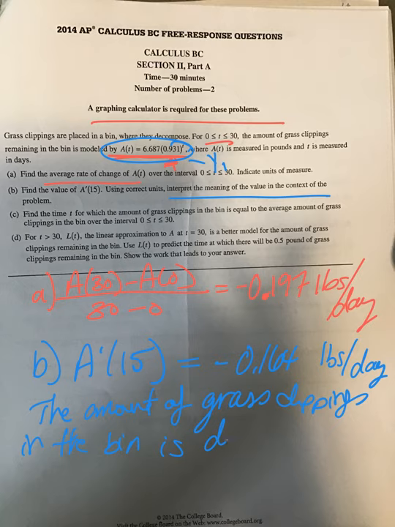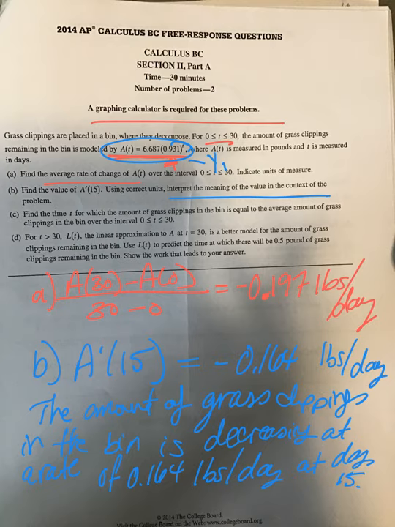How do I know it's decreasing? Because it's negative. At a rate, how do I know it's a rate? Because that's the question too: 0.164 pounds per day at day 15. And that would be your sentence.